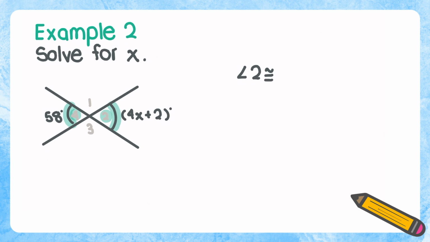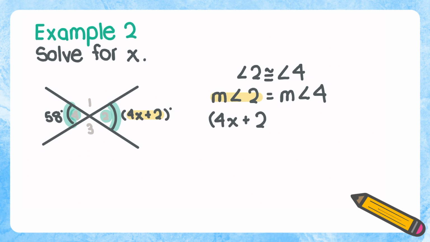That means angle 2 and angle 4 are congruent to each other. So they share the same angle measure. The measure of angle 2 equals the measure of angle 4. The measure of angle 2 is 4x plus 2 degrees. So let me write that here. Equals the measure of angle 4, which is 58 degrees.